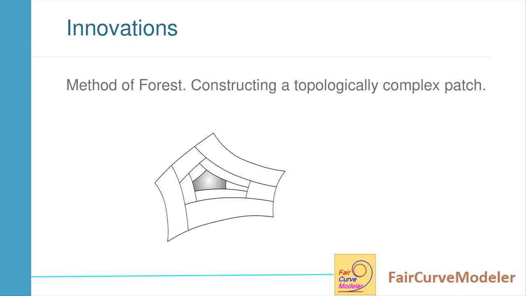Based on Forest method and function of fair curve modeler, we develop a procedure for constructing a topologically complex patch in the form of a recursive scheme of successive embedding of compartment of B-spline surfaces into a topologically complex patch.